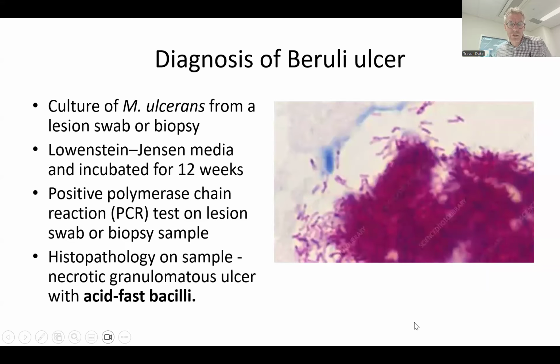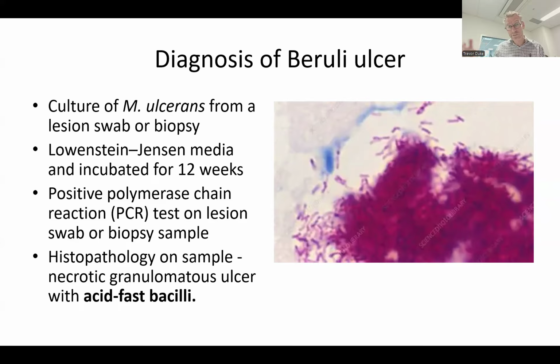If you do a biopsy of such an ulcerated lesion, you can see the Mycobacterium in it. So remember, acid-fast bacilli, Mycobacterium ulcerans. You can see it on a histopathological sample, like in this slide here, or you can grow it just like you can grow Mycobacterium tuberculosis on Lowenstein Jensen media, a type of agar, but it takes a long time.